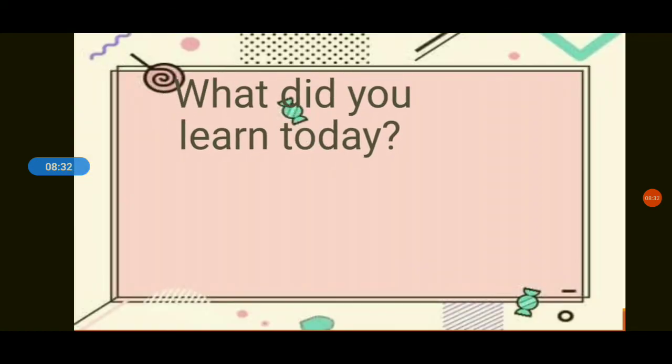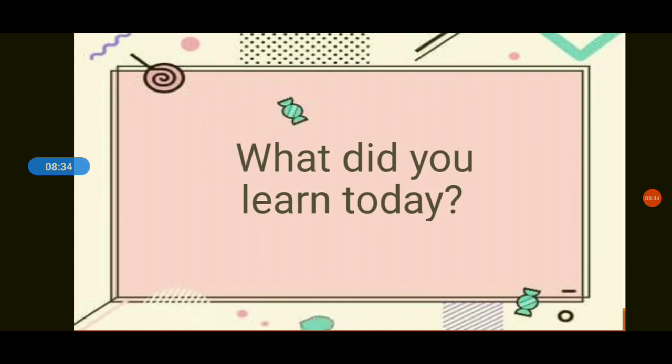Now, what did you learn today? Today, we have learned about quadrilateral. A quadrilateral is a figure with 4 sides. So what are the kinds of quadrilateral? The kinds of quadrilateral are square, rectangle, parallelogram, trapezoid, and rhombus.